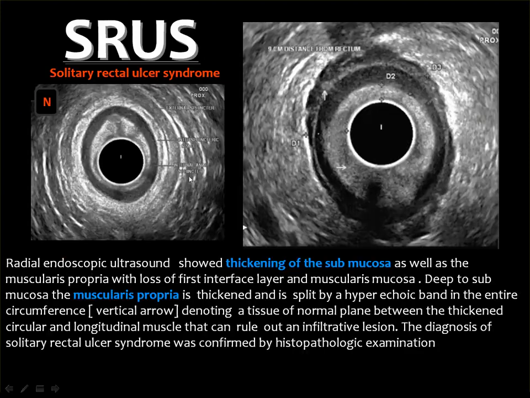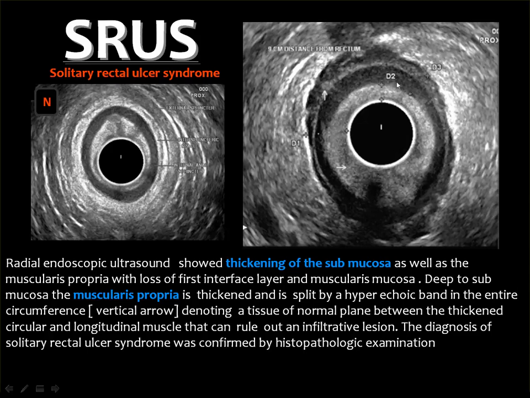And also the endoscopic ultrasound can help in the diagnosis of solitary rectal ulcer syndrome, and there are some mentioned criteria, including that there is considerable thickening of the submucosa. You compare it, this is the normal appearance, this is the submucosa, and here you can see the thickening of the submucosa, and also the thickening of the muscularis propria area compared to this.